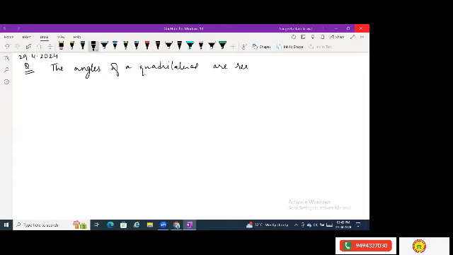You might not have this question in your textbook; this is from a different one. Tell me the fourth angle. The three angles of a quadrilateral are given. You have to tell me the fourth angle.